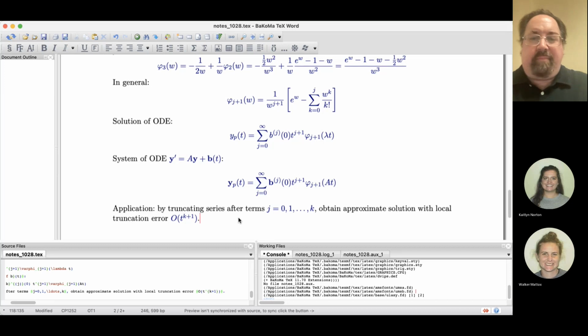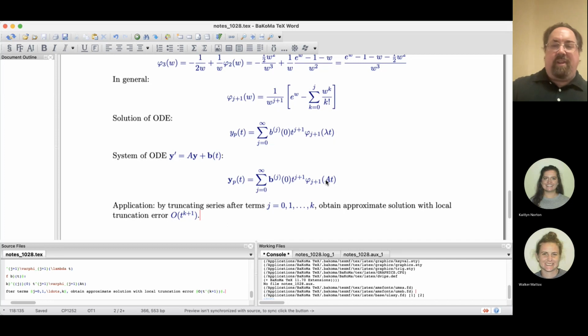So if all you want is an approximate solution, then you can just use one of these phi functions. If you're already approximating a matrix exponential, which you need to do for the homogeneous part of a solution, then there's not much extra work to handle the particular solution also, because this is closely related to the matrix exponential.